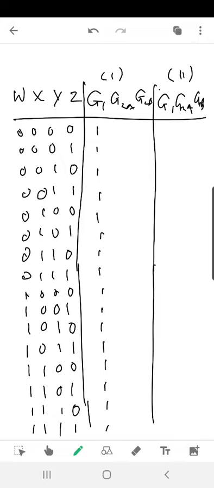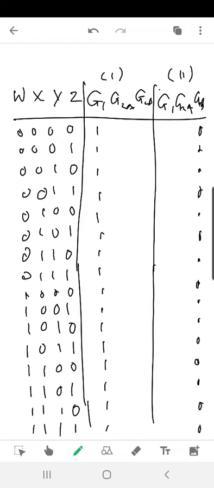Similarly, the G2B pin of our second decoder was connected to ground, so it will remain 0 in every case.